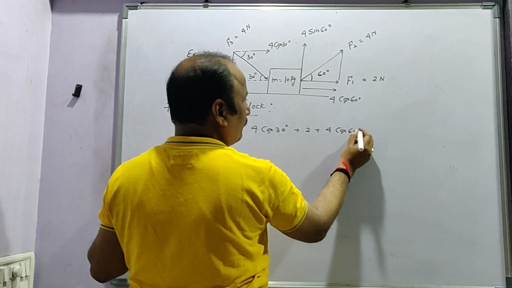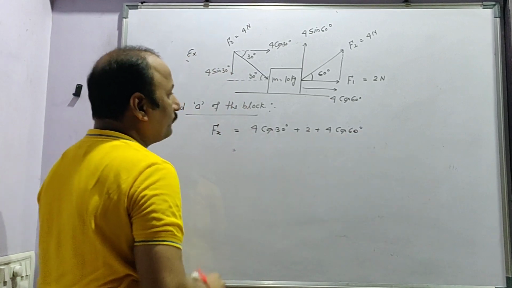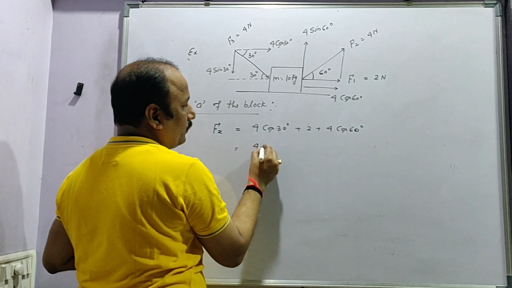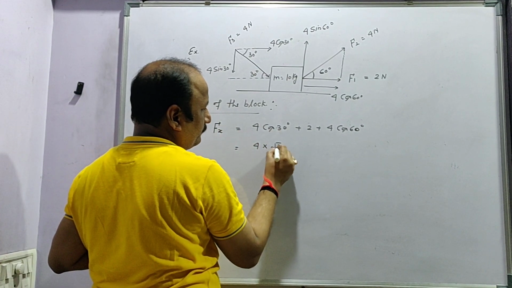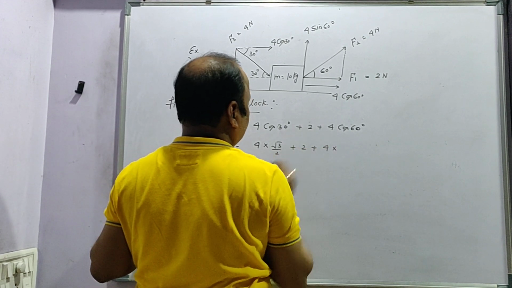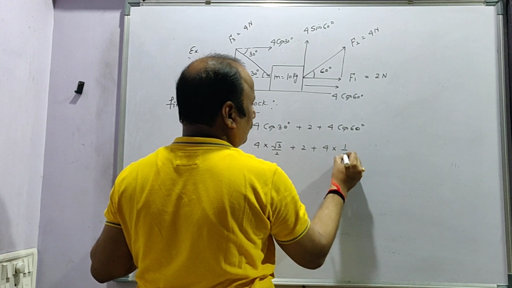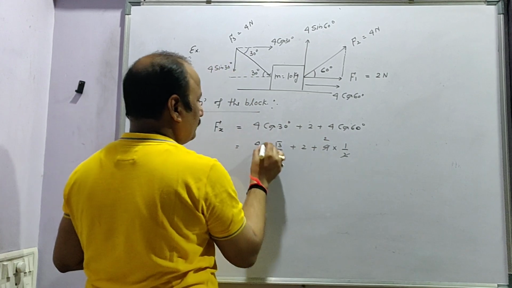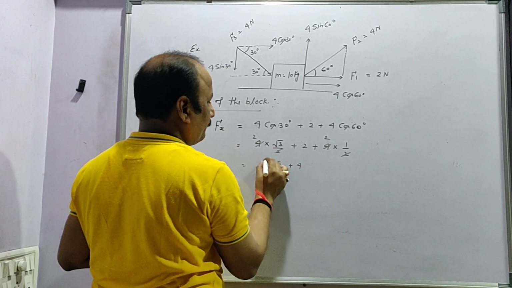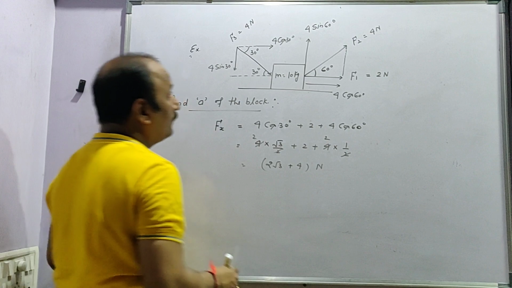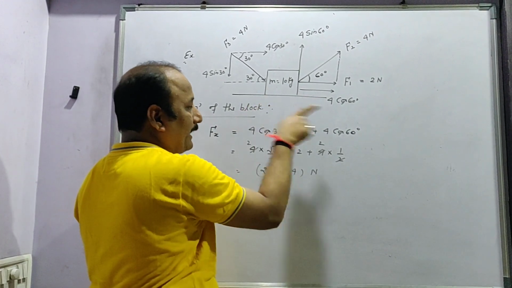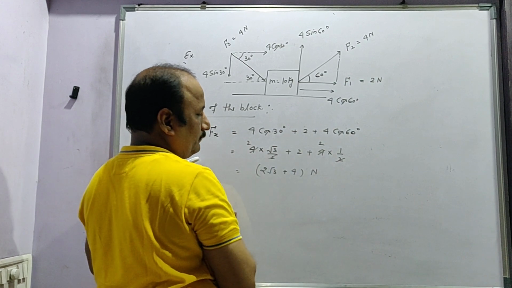So the net force acting on this body along the x axis is 4 cos 30, that is √3 by 2 times 4, which is 2√3, plus 2 plus 4 cos 60, that is half, so 2. So 2√3 plus 4 Newton. The net force acting on this body along the x axis is 2√3 + 4.